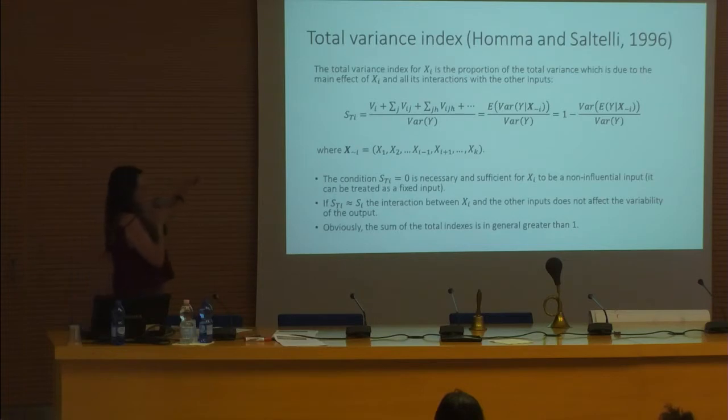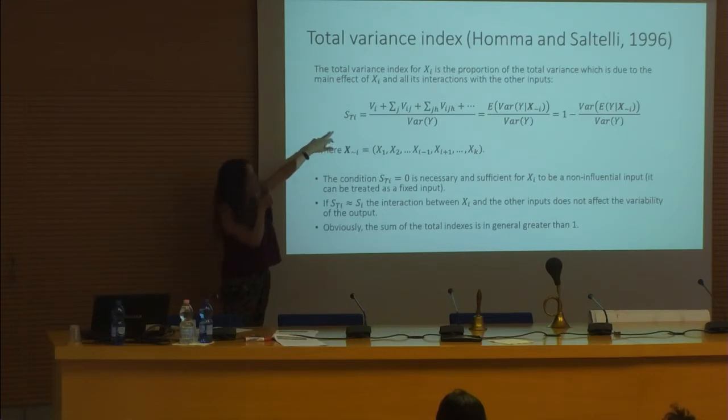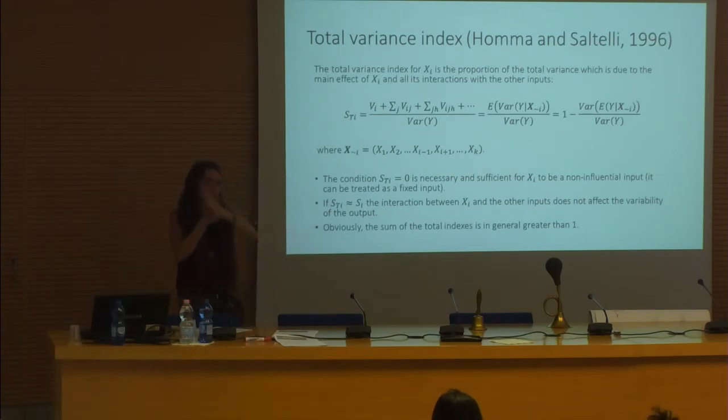In 1996, Homma and Saltelli introduced a new index, which is the total variance index. The total variance index for the input xi, that I call STi, is the sum of the first order, second order, third order indexes.